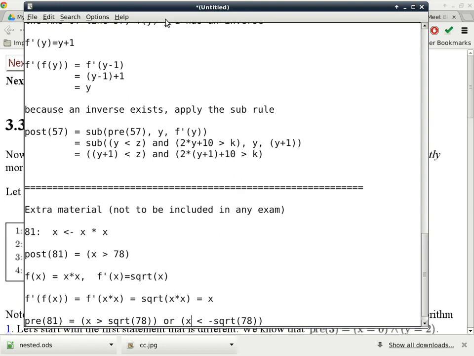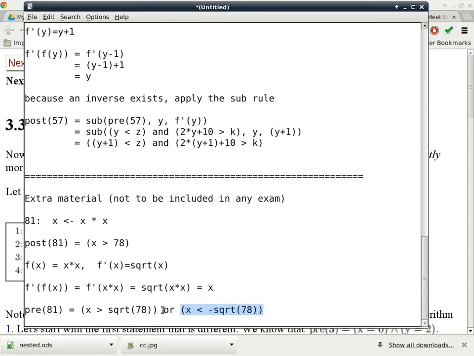Because there are two answers, they are in a disjunction, meaning that this can be true or this can be true. And that's why they are joined by a disjunction, to basically say, well, since we could only confirm this, then the precondition can be either one of these two. Now, technically speaking, the disjunction means it's just a regular or, which means both of these can be true at the same time. But in this case, obviously only one can be true at a time.